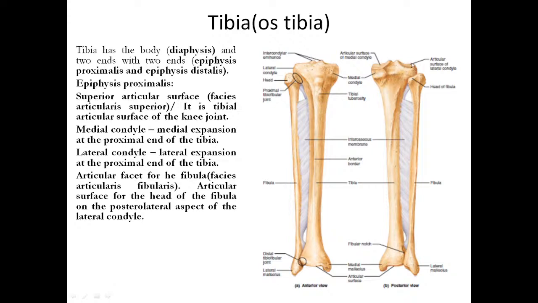It divides into the medial condyle, condylus medialis, and condylus lateralis. Condylus medialis and condylus lateralis have an articular surface. It is the tibial articular surface of the knee joint.